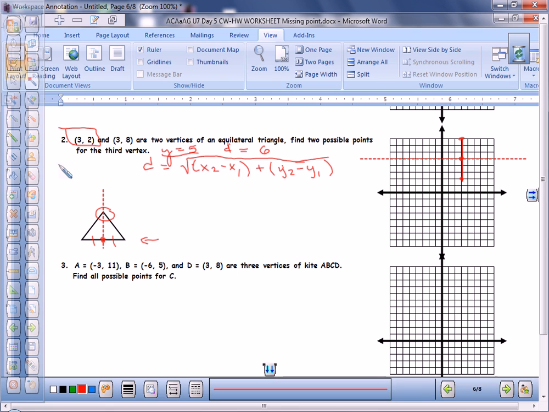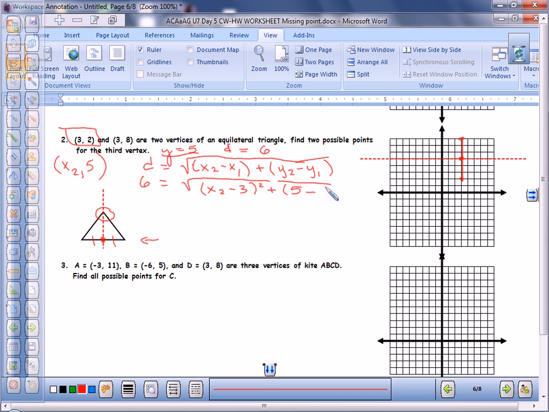I've got this point and this point, and I know that distance is 6. So 6 equals the square root of x2 minus 3, squared, plus y2, which is 5, minus y1, which is 2, squared. I'm just picking the first one; I could have used either point.